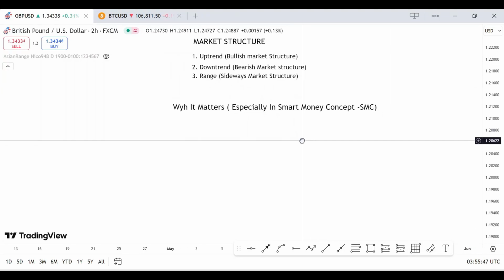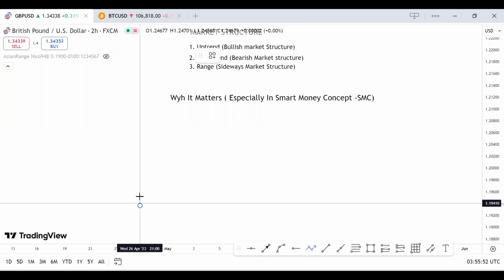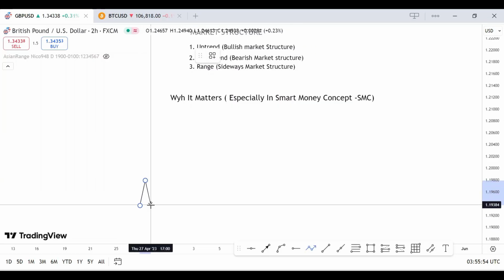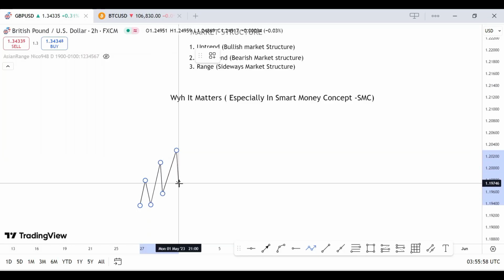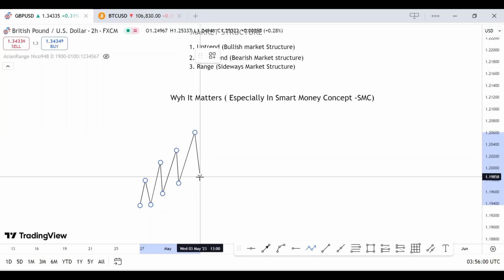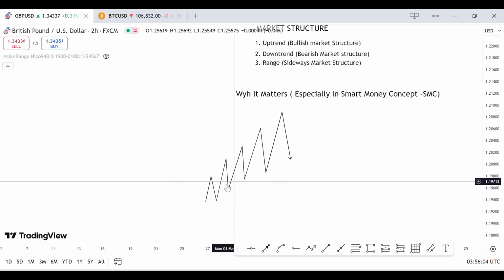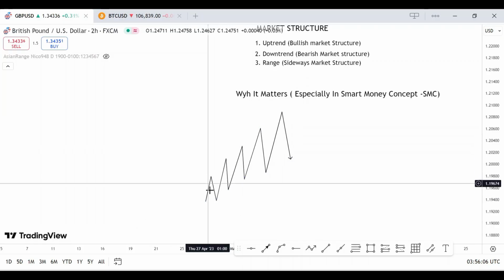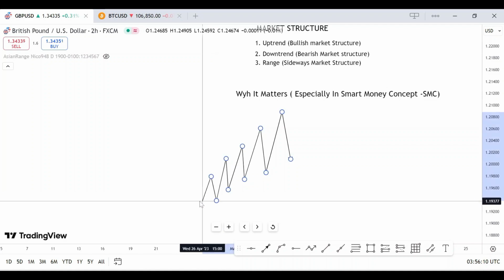So when price is in an uptrend, it makes a series of higher highs and higher lows, higher high, higher low, repeatedly. You can clearly see that this is an uptrend, price making a series of higher highs and higher lows.